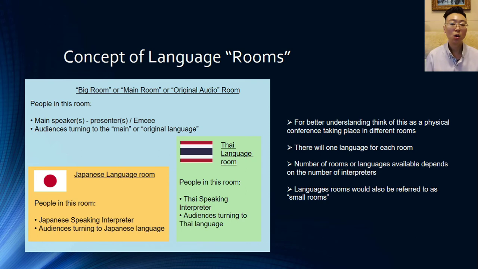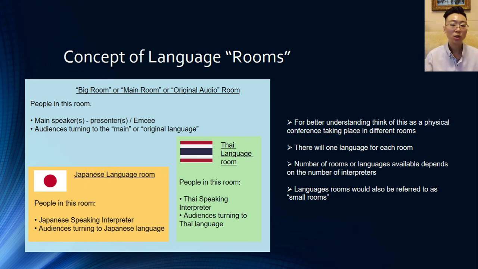You would see the main speakers, maybe the MCs there, doing it in the main language, say English. So that's going to happen in the main room. Those who want to listen to English would put themselves in the main room. But for those who don't understand English, they may want to listen to Japanese, say.